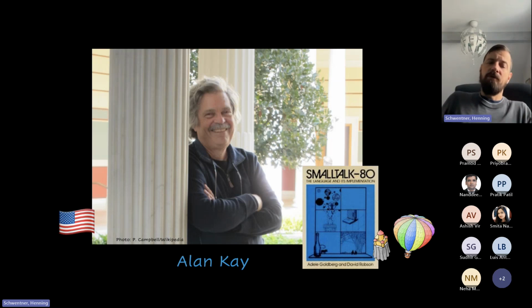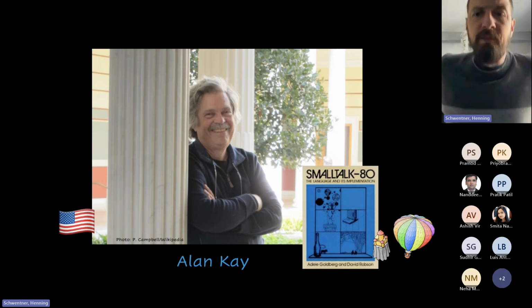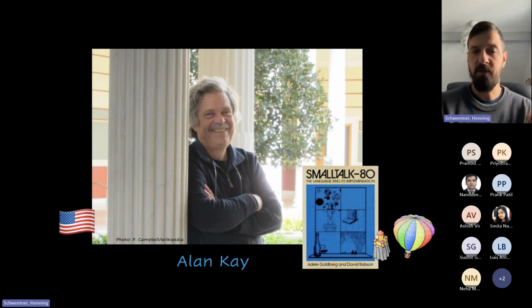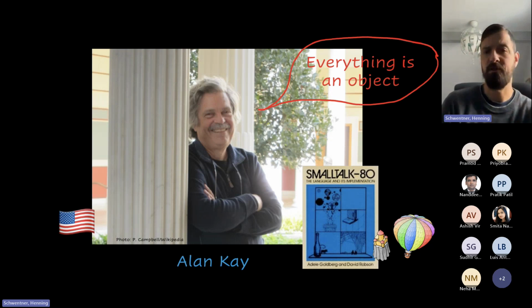And Smalltalk brought this OO idea to the extreme, because Alan Kay and the other guys that built Smalltalk said, well, we have this philosophy of everything is an object. So when we build our software, we have objects everywhere. And after that, all the languages that came had to answer this question. What is an object?